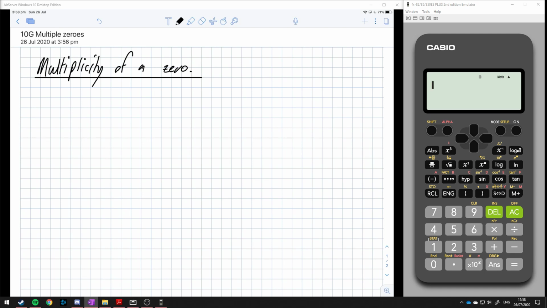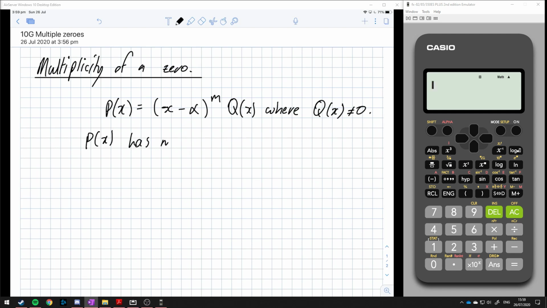For example, if we have a polynomial p of x equal to (x minus alpha) to the power m, times some other quotient q of x, where q of alpha is not equal to 0, then this is saying that the polynomial p of x has multiplicity m at x minus alpha. If I was to ask you what's the multiplicity of the alpha term, then you just say it is m. That's all that means.